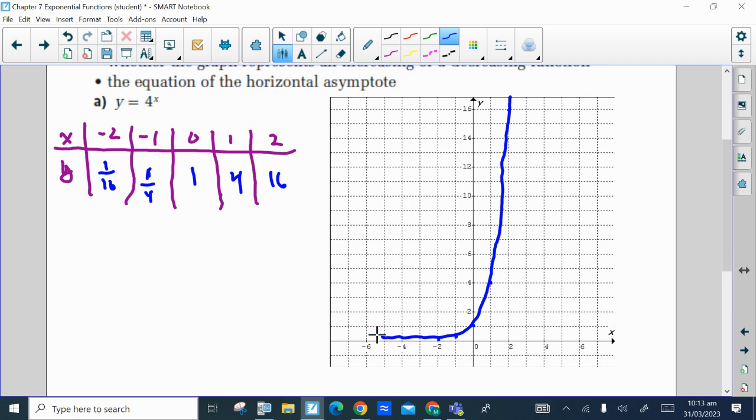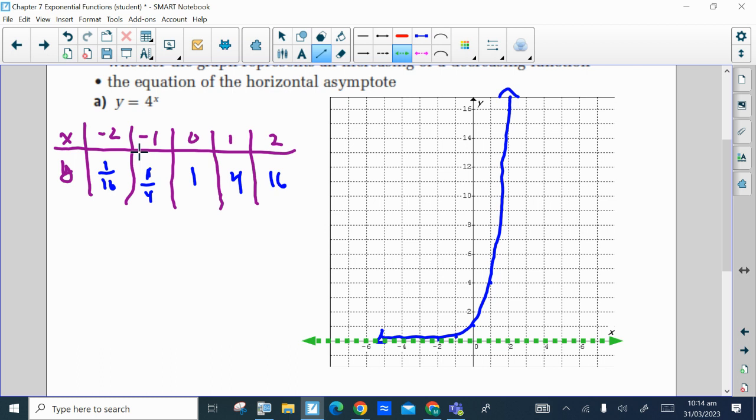So what happens here is that the x-axis is a horizontal asymptote. The smaller that x gets, y will get smaller and smaller, but it's always positive, right? When x was -2, y was positive 1/16. When x is -3, y will be positive 1 over 64.